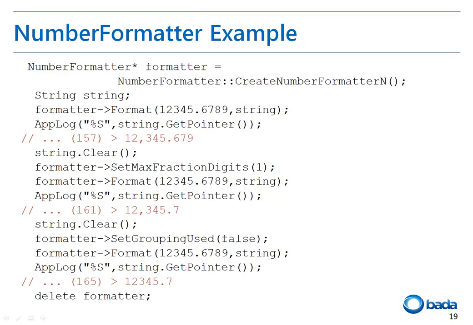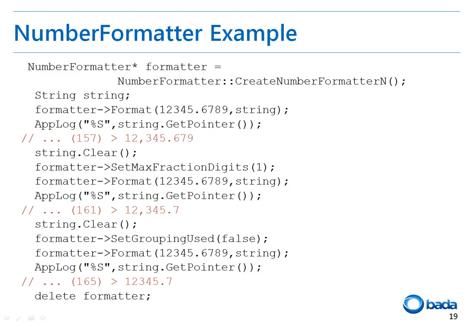The resultant string is 12,345.7. You can see that since the max fraction digits is set to 1, only the first decimal place remains, and the value is rounded to the first decimal place. Then I set grouping used to false to cancel any grouping, so the comma for 1,000 is removed. The resultant string becomes 12345.7.